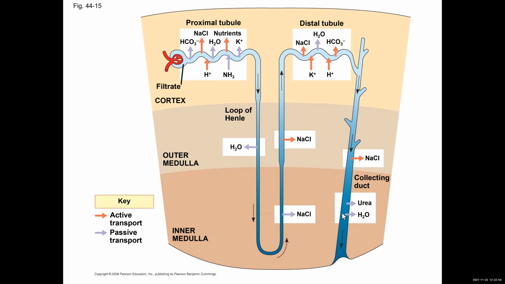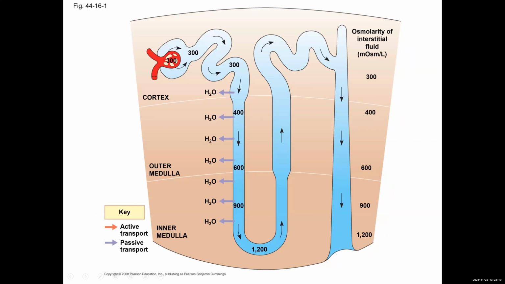We'll see another neat mechanism for how we recapture a lot of water rapidly, but only as needed, in the collecting duct in a couple of minutes. We're going to look through a couple more slides that basically show the same thing, but show how concentrated solutes are in these different tissues and in the filtrate.